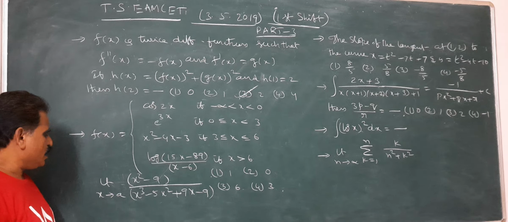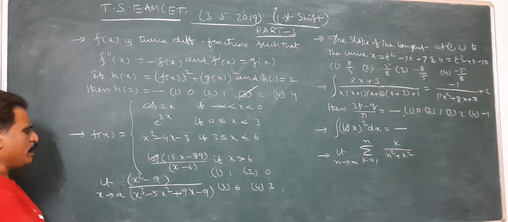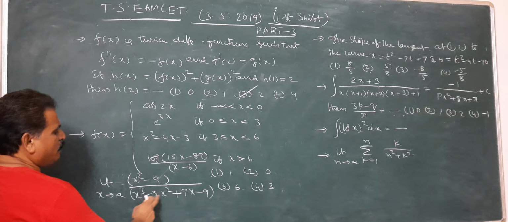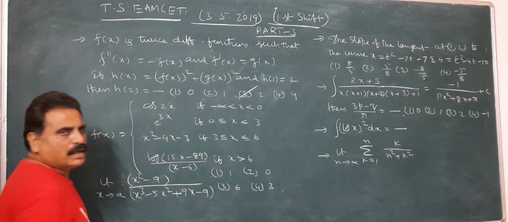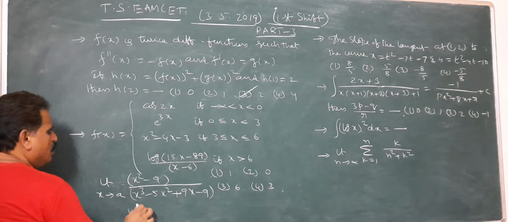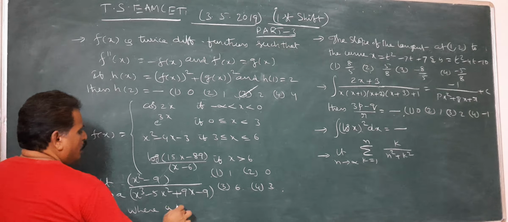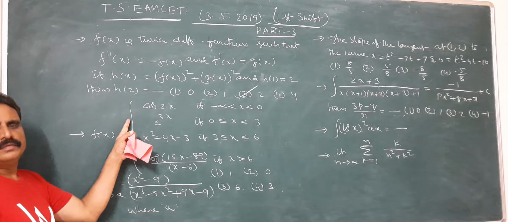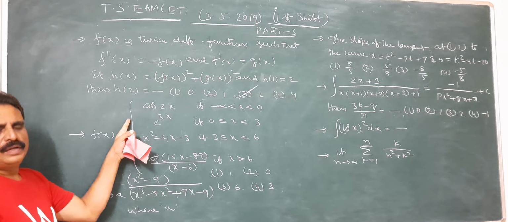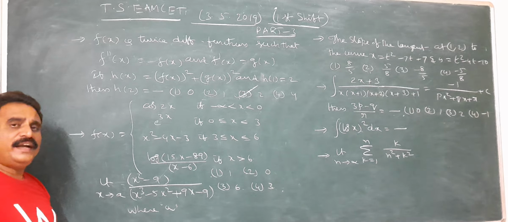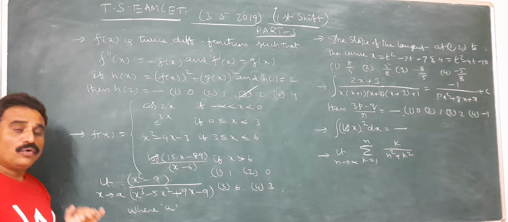Then limit x tends to a of x square minus 9 by x cube minus 5x square plus 9x minus 9, where a is the point of discontinuity. That means we have to find where it is discontinuous.